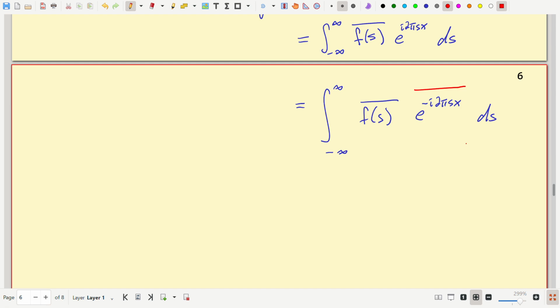And now I realize, aha, this is the, what is that? That's the integral from minus infinity to infinity of f of s. This is the Fourier transform. I haven't done anything here. But now I'm taking my conjugate and putting it outside.